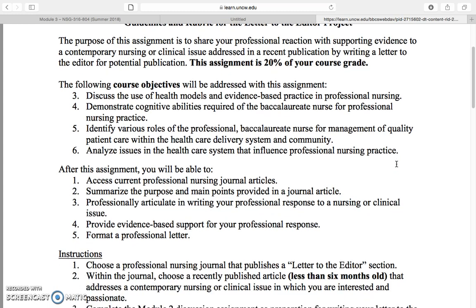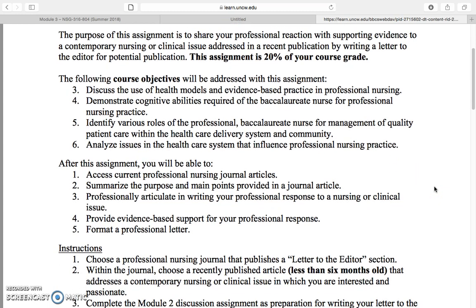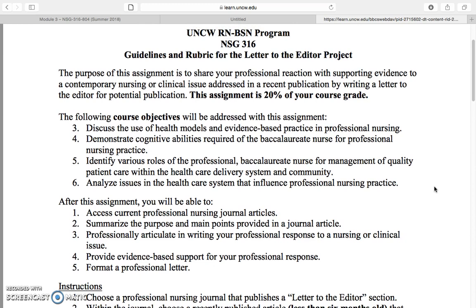This assignment is 20% of your grade, and we have you complete this letter to the editor to share your professional reaction with an editor of a peer-reviewed journal, because we feel that it's important as a baccalaureate prepared nurse and moving into baccalaureate prepared nursing for you to really focus on evidence-based practice and also being involved in sharing your voice with other professionals.